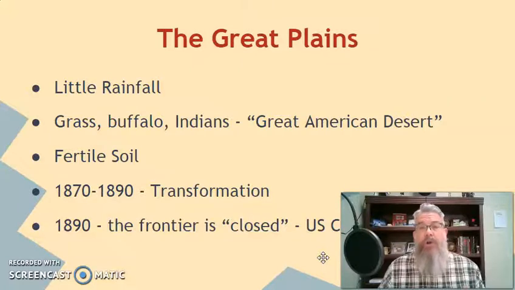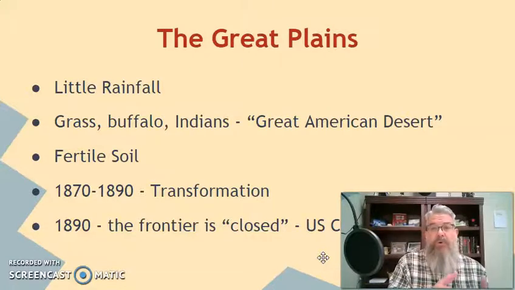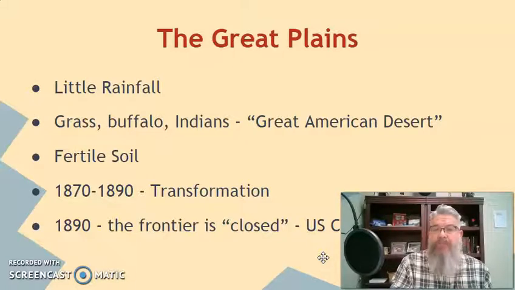How do we get water to these farms in order to irrigate the land? Well, for some, that'll mean digging wells, drilling into the earth, and using windmills to drive pumps, but that's expensive, and a lot of settlers don't have that kind of money to invest in those technologies. Eventually, the government will get involved in damming rivers to pump water and move water into farmlands.